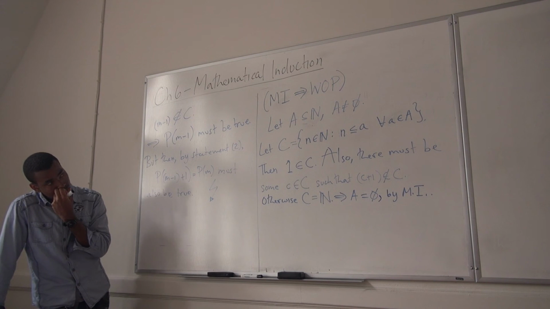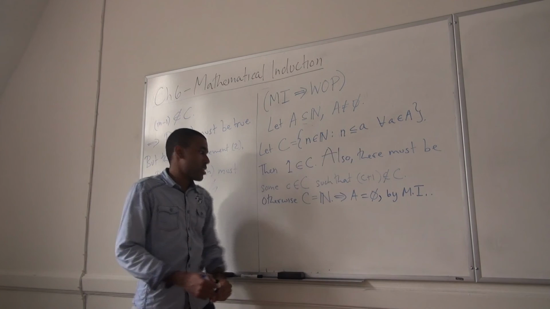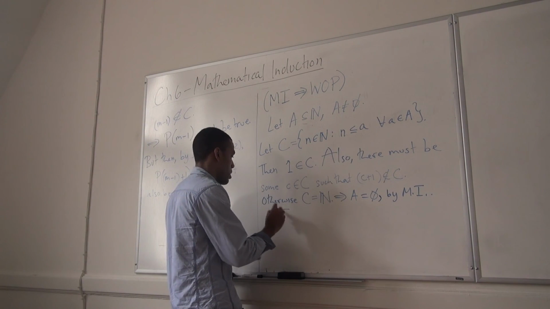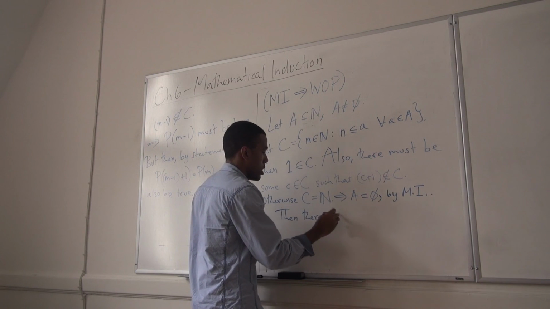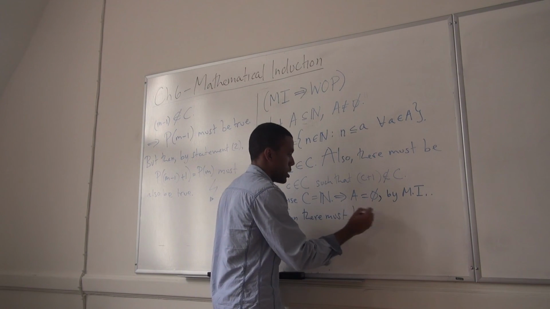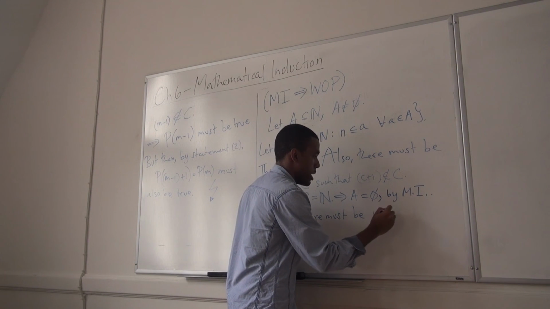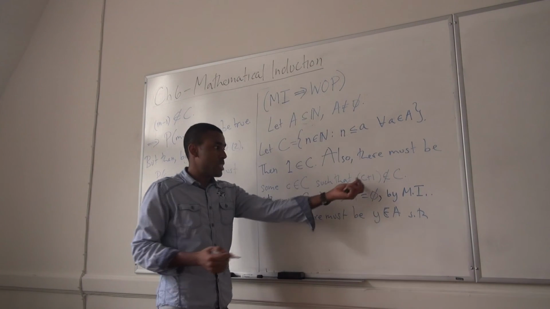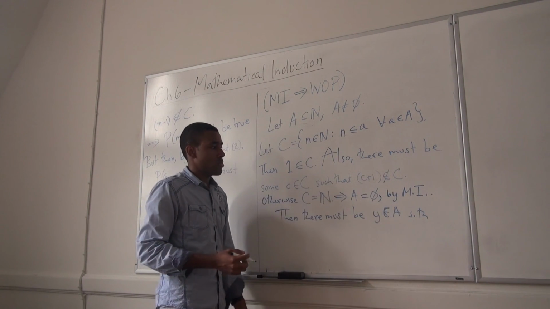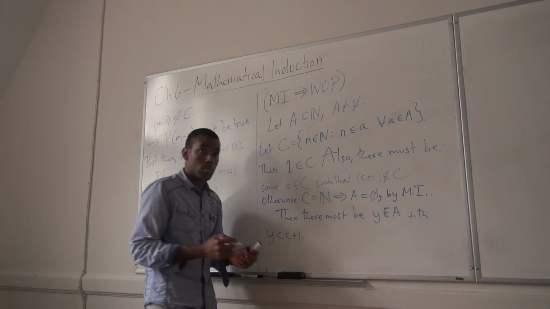And then we did the other last one. Well, just contradict this, right? So then there must be, I'll use another letter, let's say y, for some y in A, such that, what happened? If this is not in C, then what? Then y would have to be less than C plus 1, right?